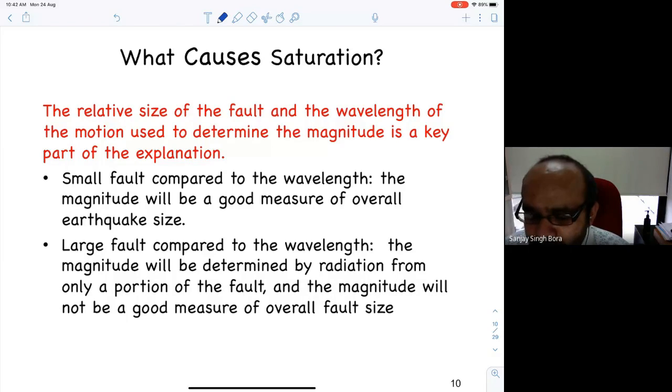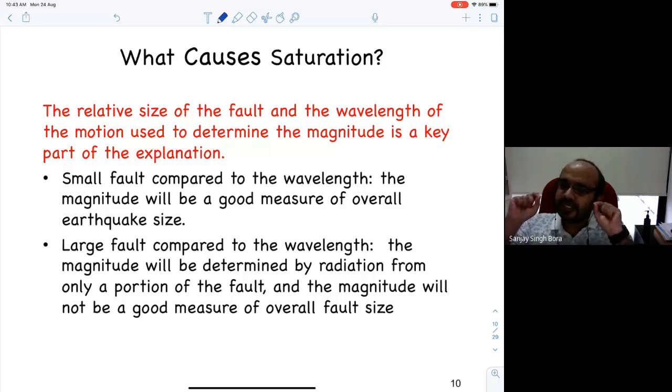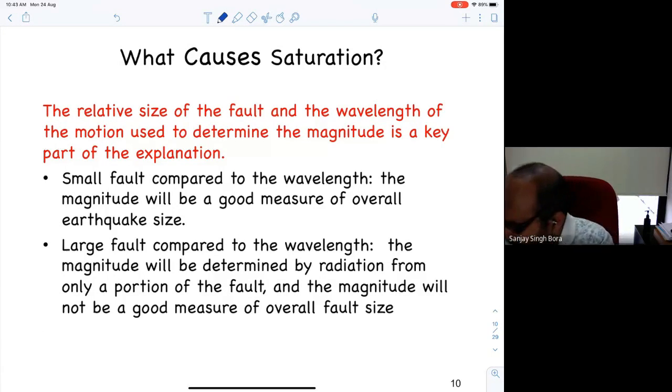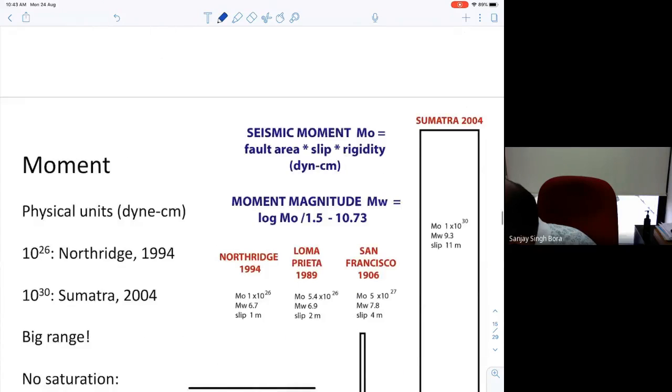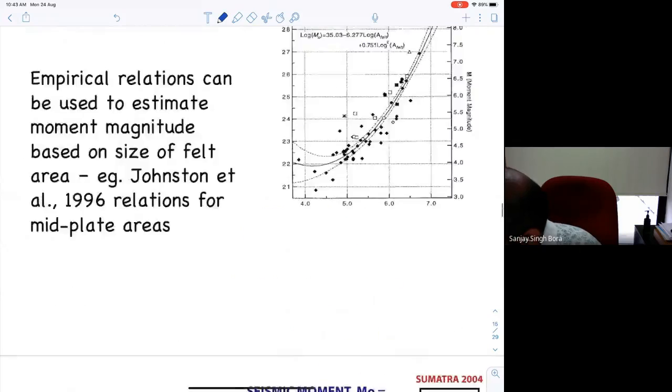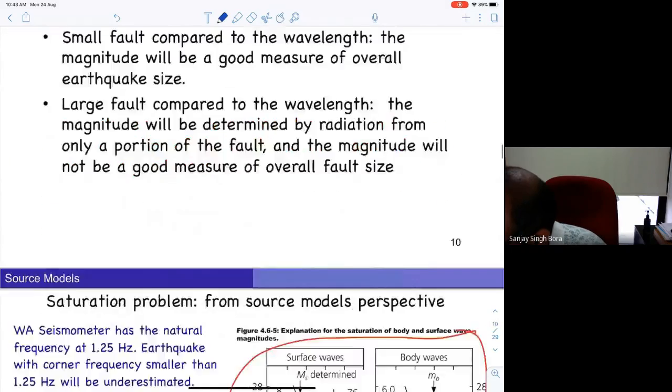So why do these magnitudes saturate? These magnitudes are saturating because we are measuring them at a certain frequency. The scale we are using to measure, in case of body waves, is when the period of the signal is in a certain range, 0.5 to 12 seconds.